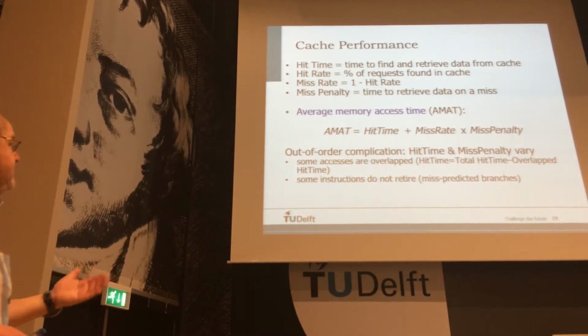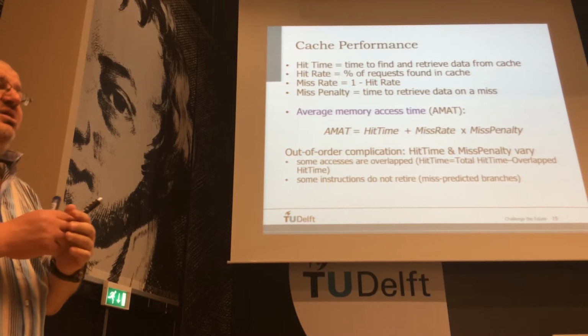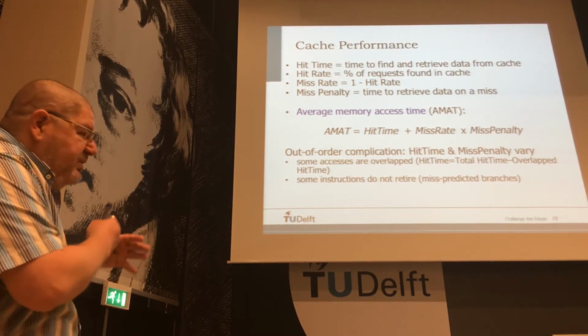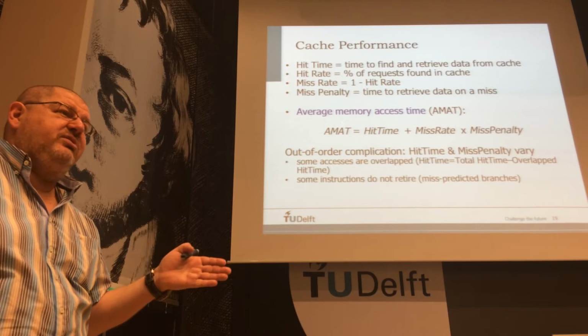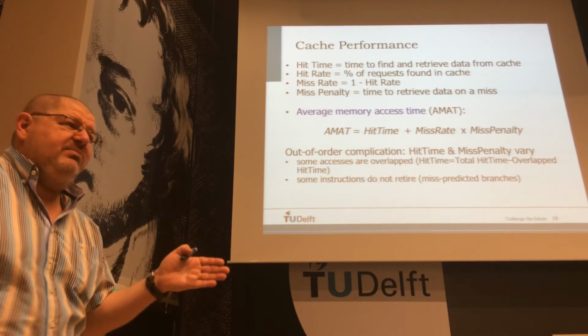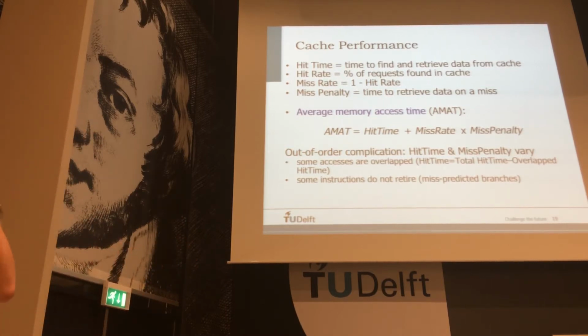Then we start with a probabilistic game. Now we assume that things are in order. If I go for out of order, things get a bit more complicated, because now accesses may overlap. But let us look at the simple side first.